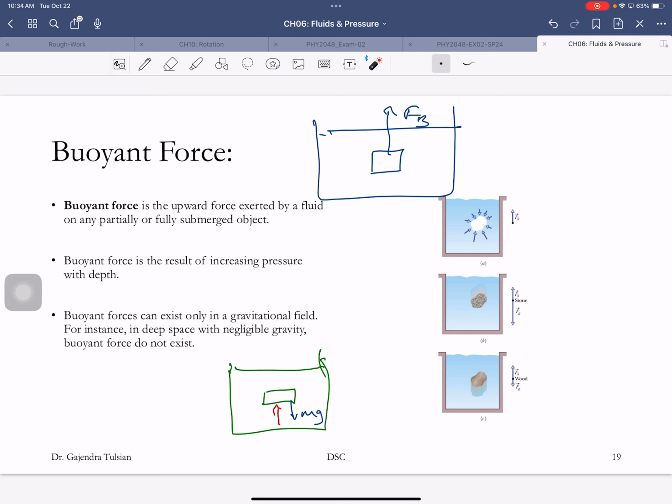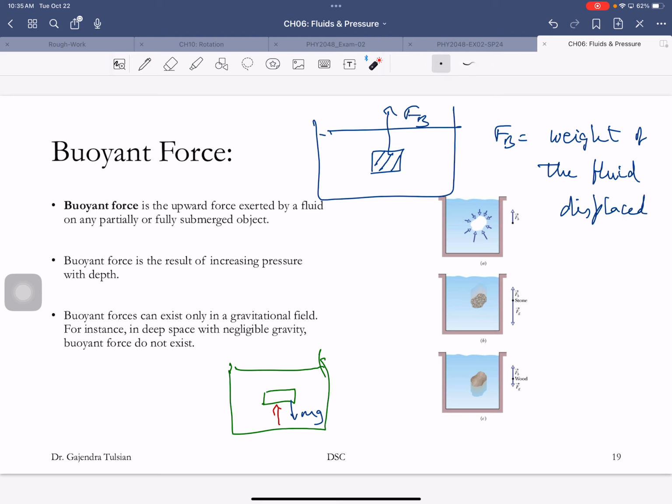He realized that the buoyant force is equal to the weight of the fluid displaced. So if you displace 10 pounds of fluid, then the buoyant force is 10 pounds on you. If you displace 50 pounds of fluid, the buoyant force is 50 pounds on you.